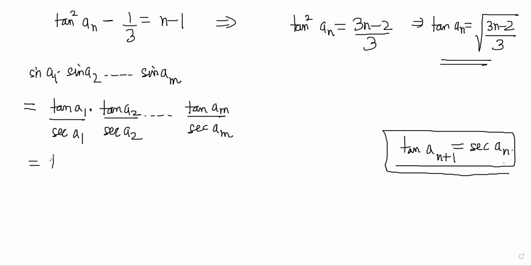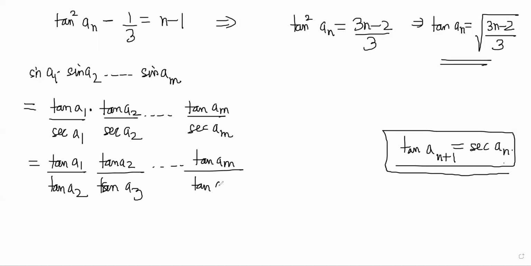So tan a_1, sec a_1 is tan a_2, and tan a_2, sec a_2 is tan a_3, and so on till tan a_m, and sec a_m is tan a_{m+1}. Notice that everything cancels nicely here, so you are ending up with tan a_1 by tan of a_{m+1}, right?